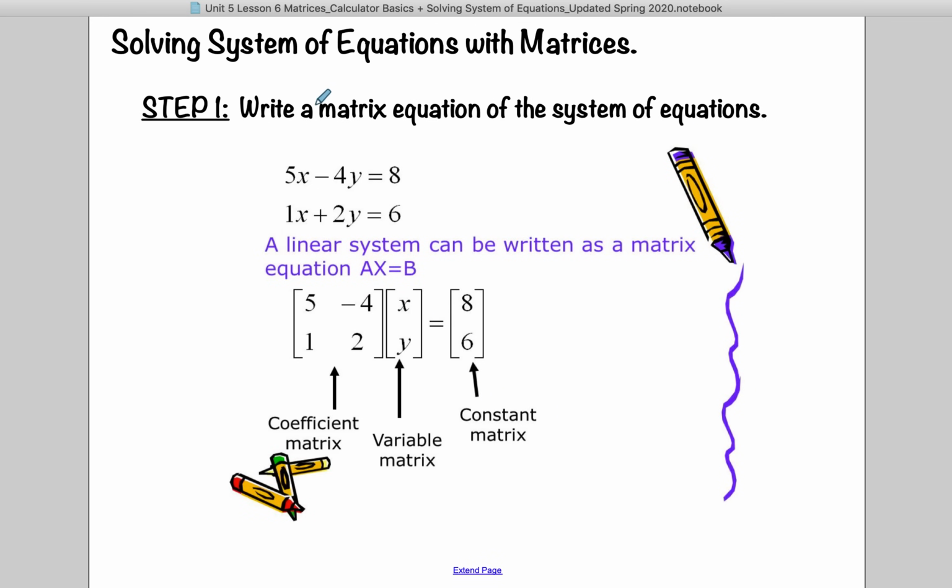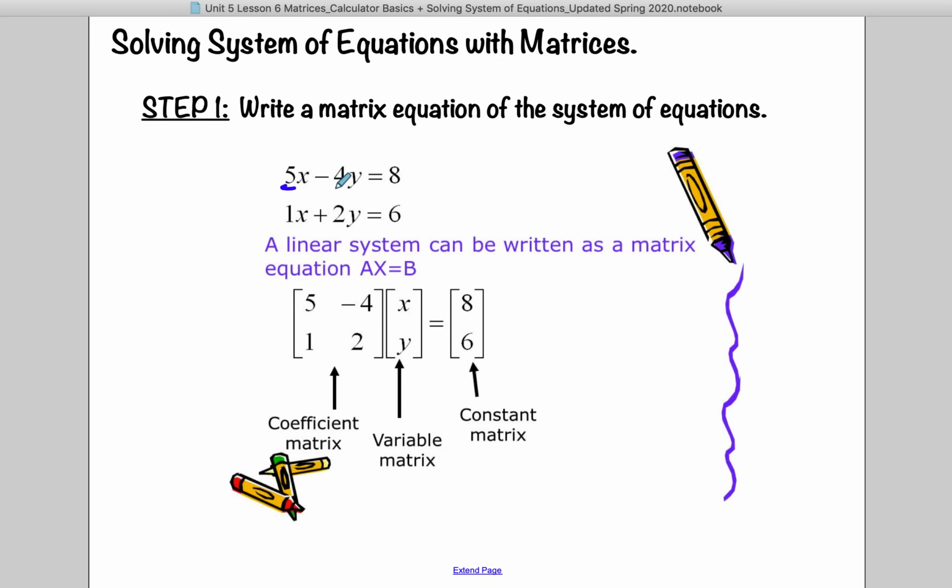So step 1, we need to take our system, okay, our equations that have x and y's in them, and write them as a matrix equation. Okay, so what we got is we have our coefficient matrix. Okay, so before we even write a matrix equation, we need to make sure we have all of our x's lined up, all of our y's, then equals, and then our numbers that are not associated with the variable. Okay, then what we do is we do our coefficient matrix.